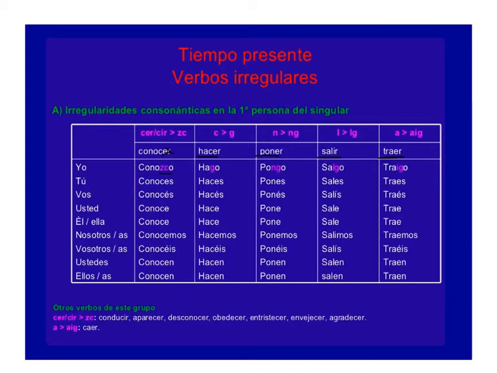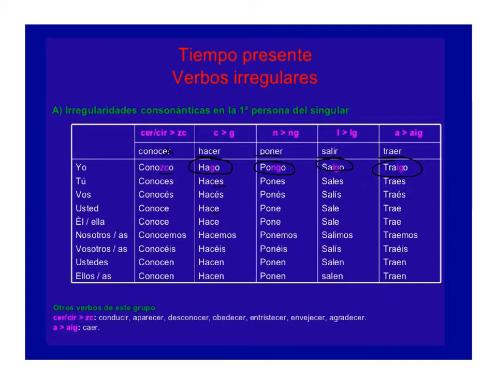If you notice these conjugations, all of these in the yo form change to go: hago, pongo, salgo, traigo. So again, they're go verbs because in the yo conjugation of the verb, they'll have a go in it. Everything else, as you notice, is the same.